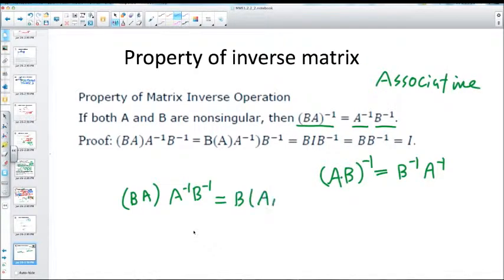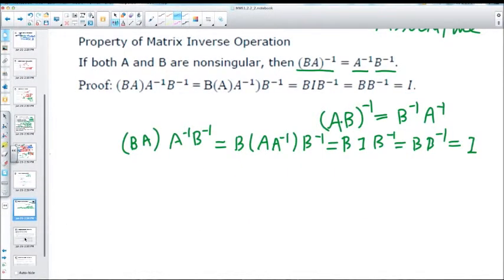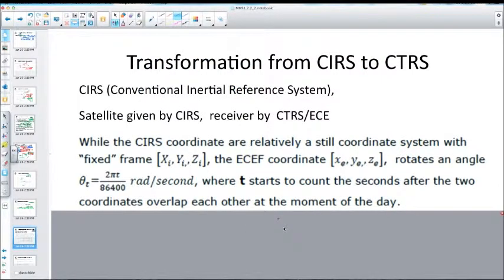Equal B, A inverse, B inverse, and then A inverse B equals I. Multiply anything by I is itself, and then B inverse B, you get the I. That's why you need to swap. Well, once you get this property, let's look at the last example.